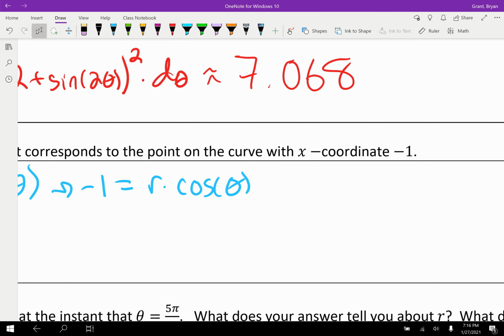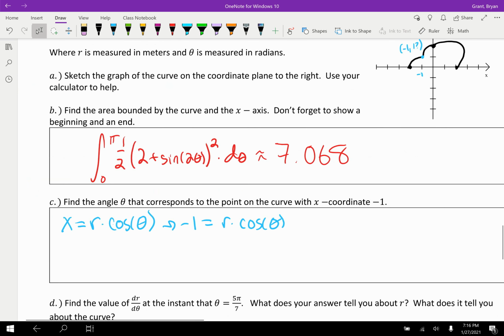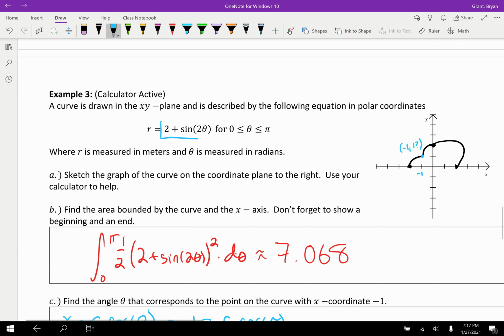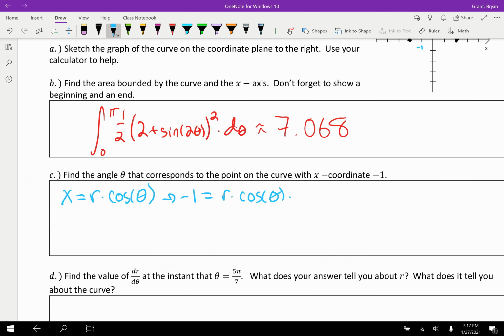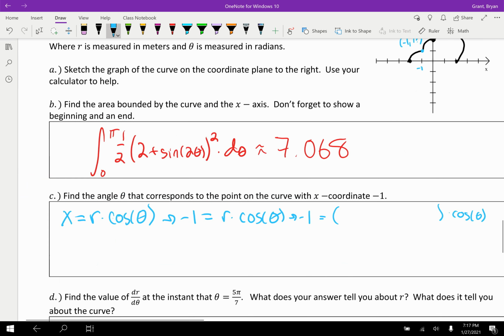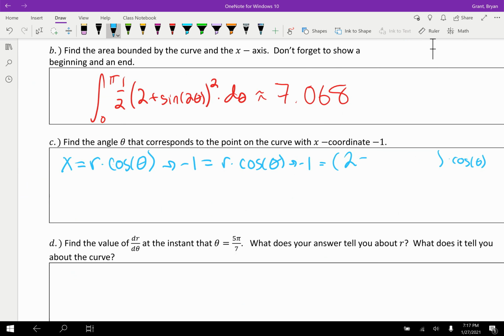So what do I do from here? Oh, wait, we know what r is in this case. Isn't r this function up above? So we can go further and we can say -1 equals, I'm going to put the times cosine of theta at the end so I don't forget about it, 2 plus sine of 2 theta. Nice. Now we're in business.